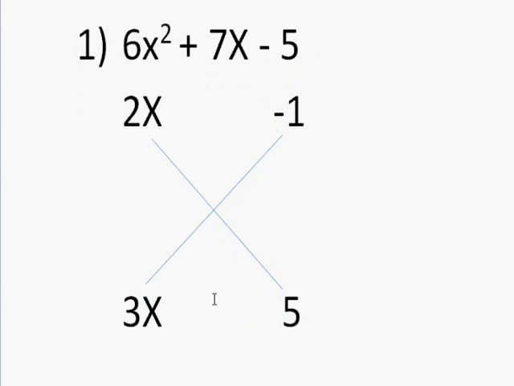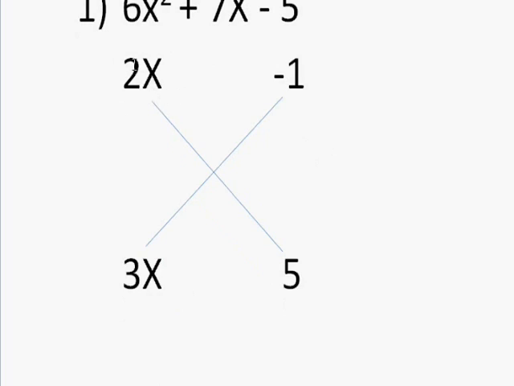Then we'll go along this line. So it is 2x here, this 5 here. So 2x times 5, 10x, and we will go this way. So we get here 3x, and here we get negative 1. So that's negative 3x.